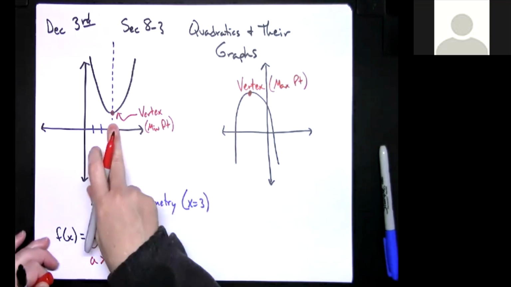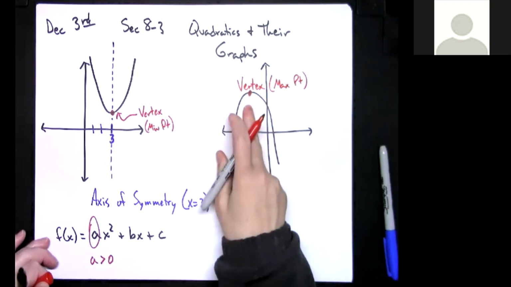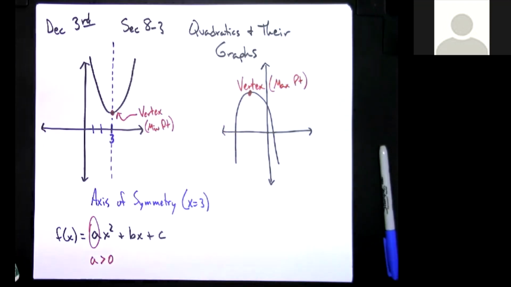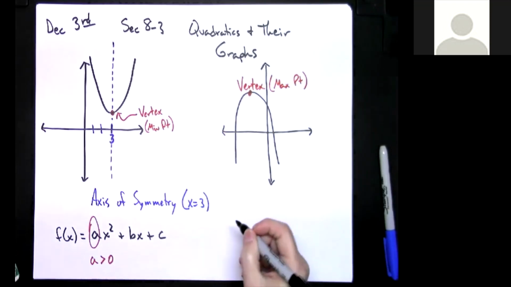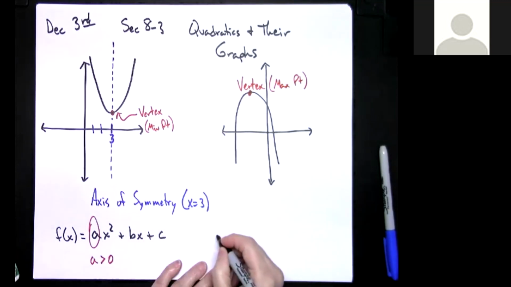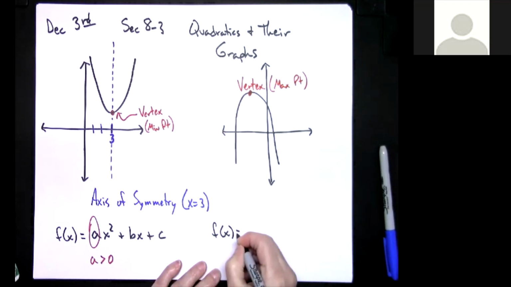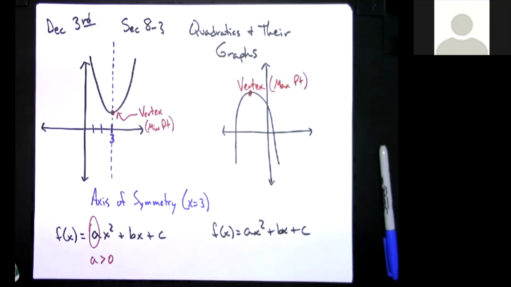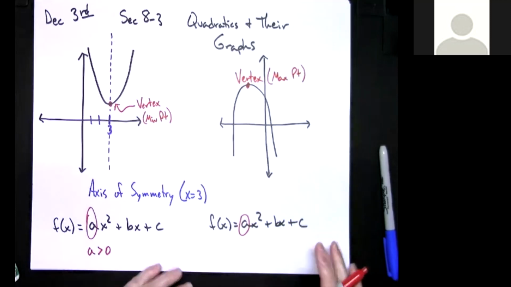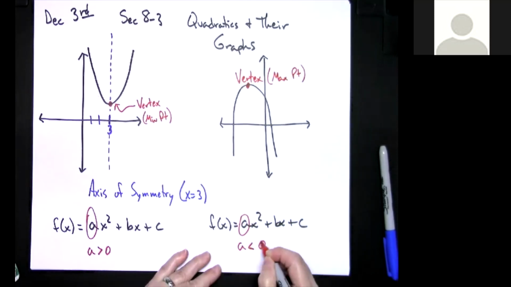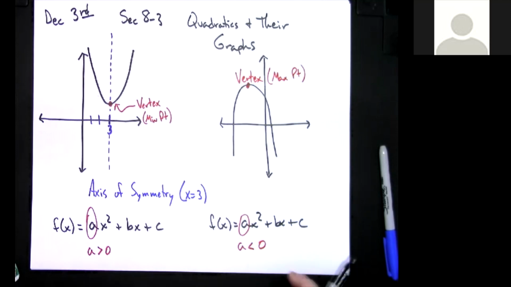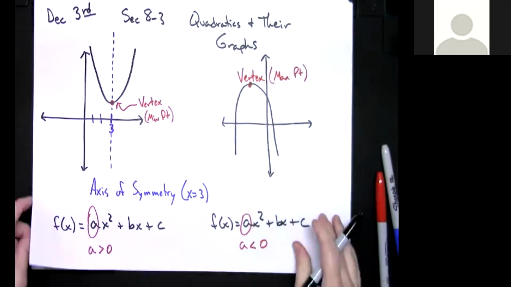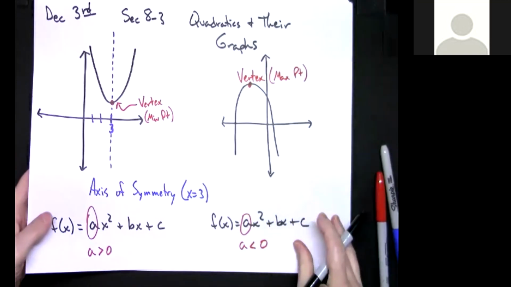So the vertex is a minimum point when it's upright, and a maximum point when it is an upside down parabola. Again, if we compare it to f(x) = ax² + bx + c, the a in this scenario would have to be a negative leading coefficient, so a would have to be less than 0 because it's upside down. Those are things we've talked about already in the past, and hopefully you're familiar with all that.